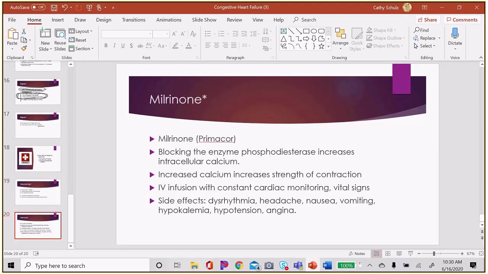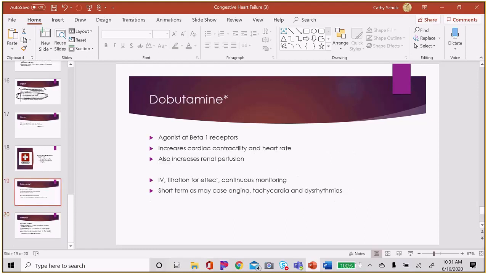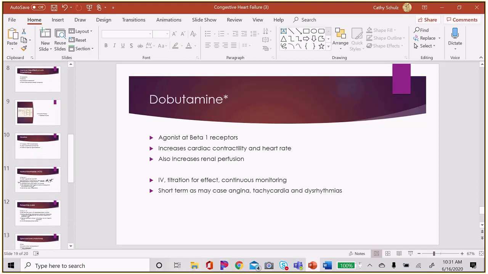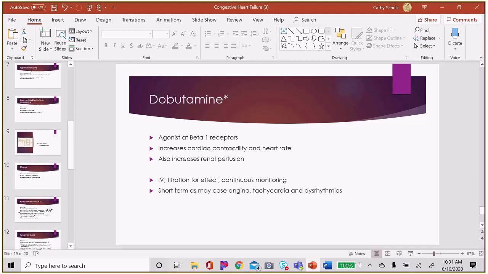So if a person is admitted with a bad exacerbation of CHF where they can't breathe at all, they might go to intensive care and be on the cardiac monitor and get these medications by continuous infusion until we can get their symptoms under control. But your main medications are the antihypertensives, diuretics, and digoxin.